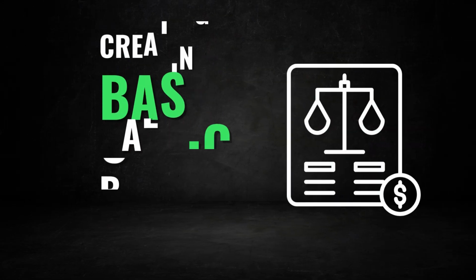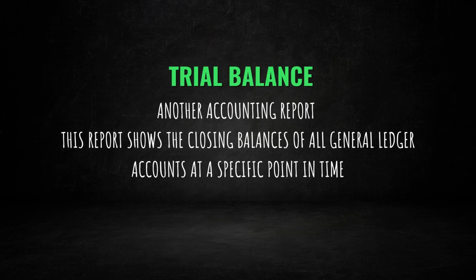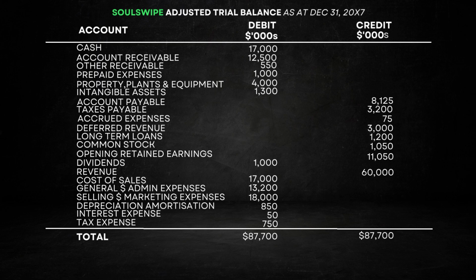Next, let's dive into the process of creating a basic balance sheet. The first step is to obtain a trial balance, which is another accounting report. This report shows the closing balances of all general ledger accounts at a specific point in time. For example, here's the adjusted trial balance of SoulSwipe, a dating app, prepared at the end of its financial year on December 31st.